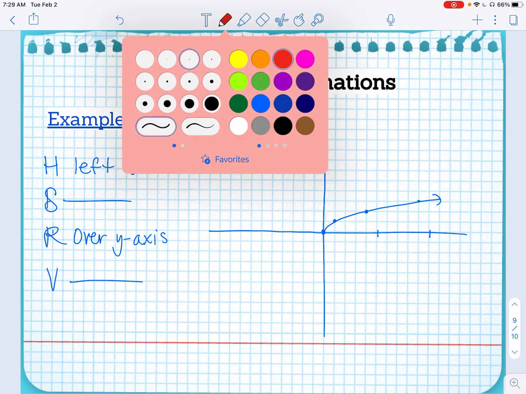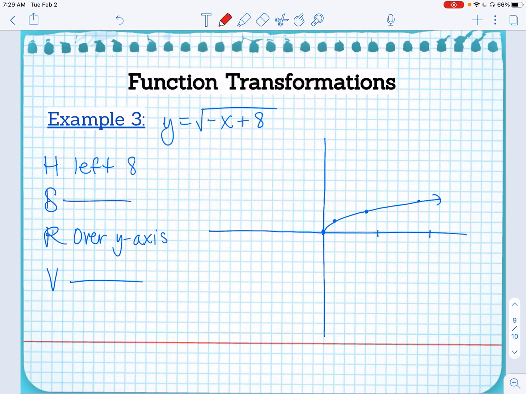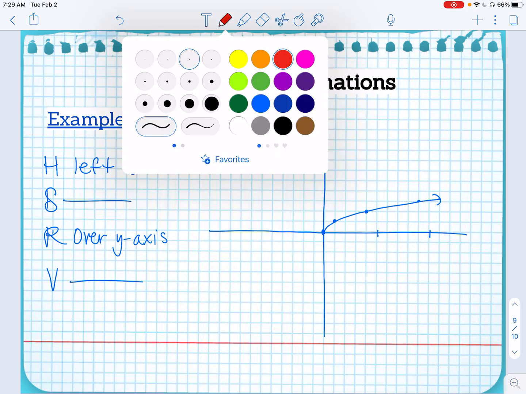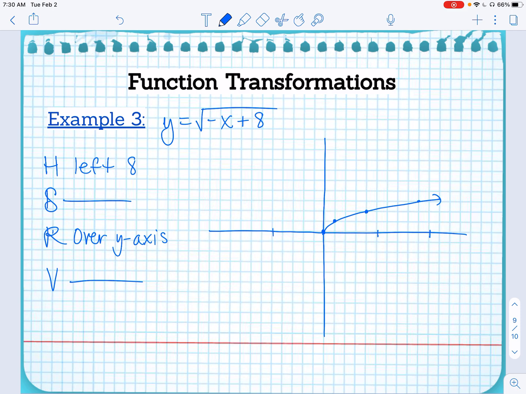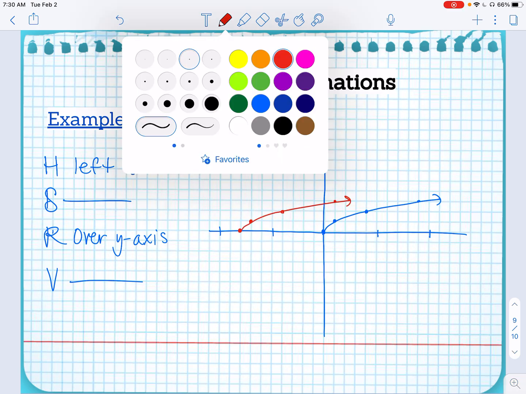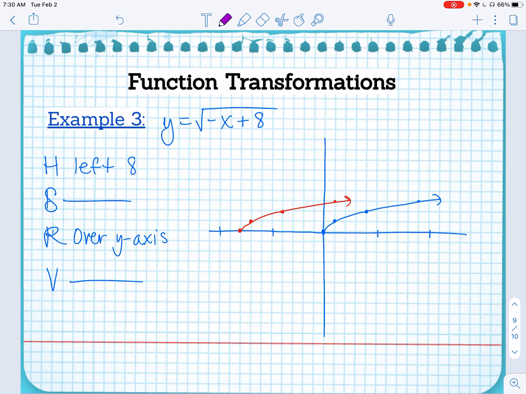And then I'm going to reflect over, oops, sorry, I'm going to shift left first. So I'm going to move left 8, up 2, up 3. Shift to the left 8, and then I'm going to reflect over the y-axis.